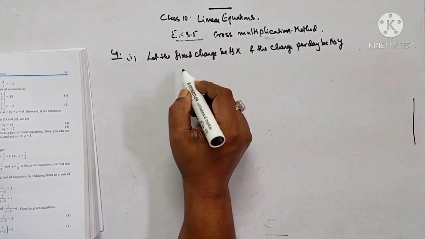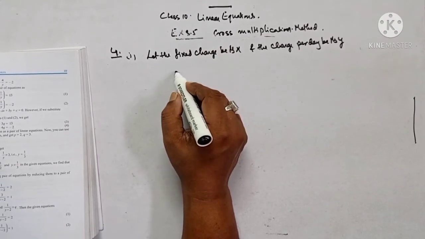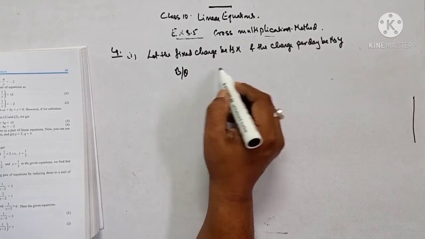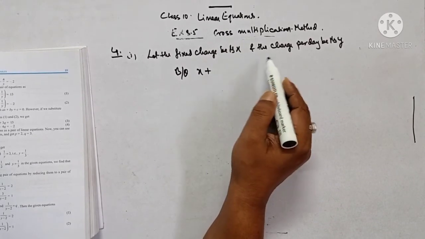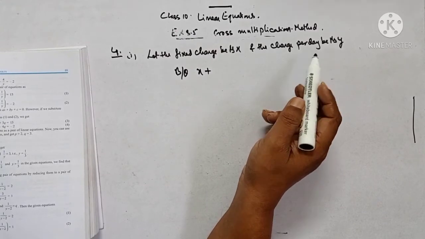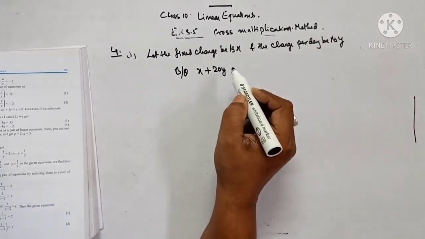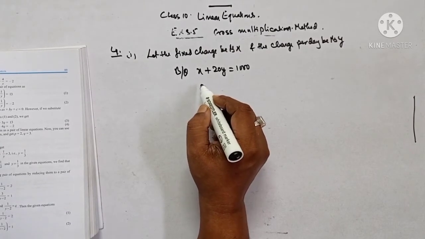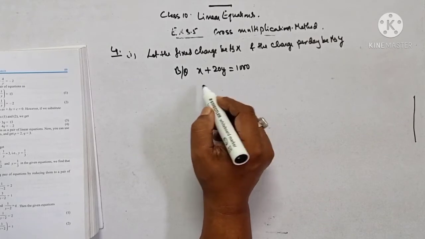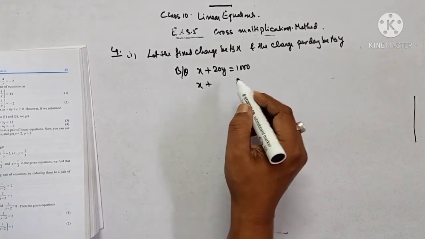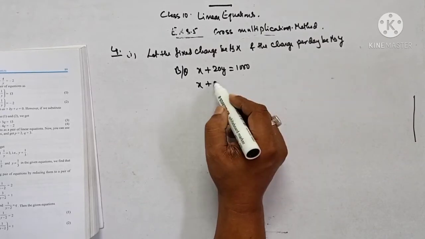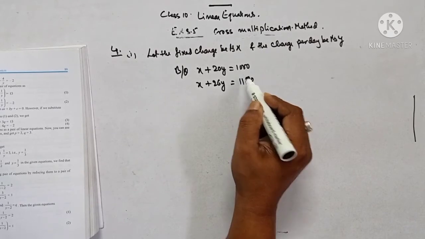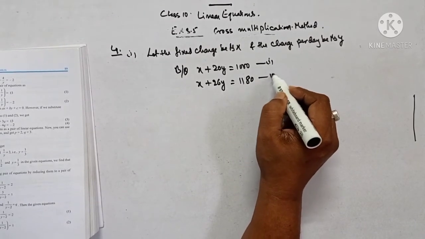For 20 days, he has to pay the fixed charge x, and for 20 days at y per day it will be 20y, and he pays 1000. For student B, for 26 days, the fixed charge plus 26y is equal to 1180. These two are your equations, equation 1 and equation 2.